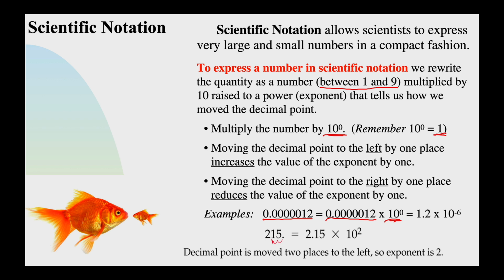We need to move it over 1, 2, 3, 4, 5, 6, and we're moving it to the right. So in order to express this new number as 1.2, there's the part between 1 and 9, and we moved it to the right 6 times, we reduced that 10 to the 0 by 6 points. So this new number is 1.2 times 10 to the minus 6.